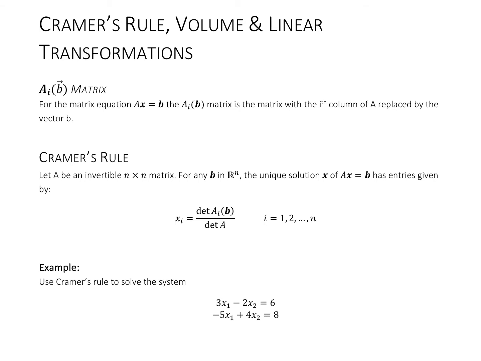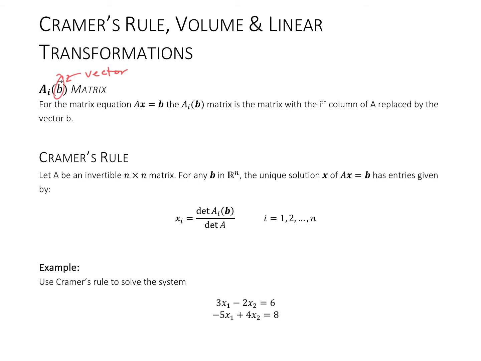Couple more types of matrices we got to talk about. The AiB matrix. And just for fun, I threw our other notation for B in there by typing it. This is a vector versus a matrix.